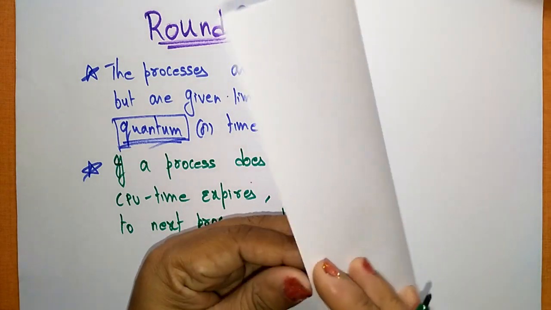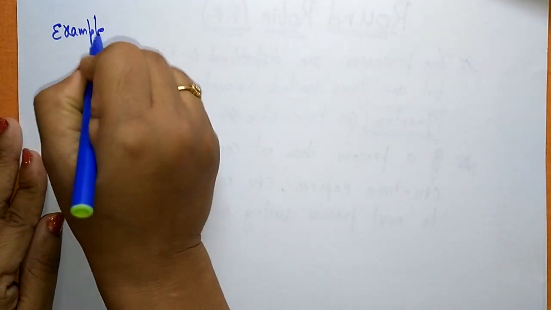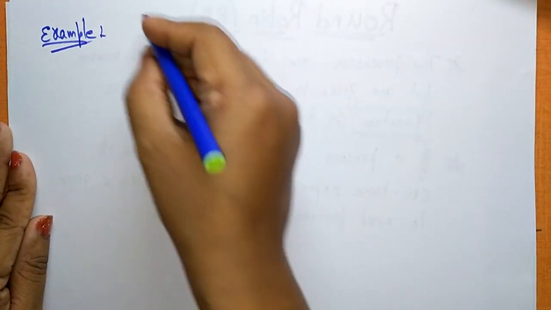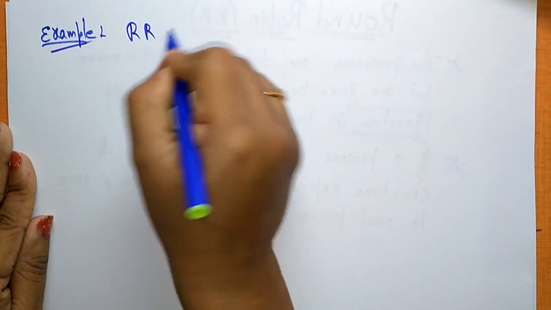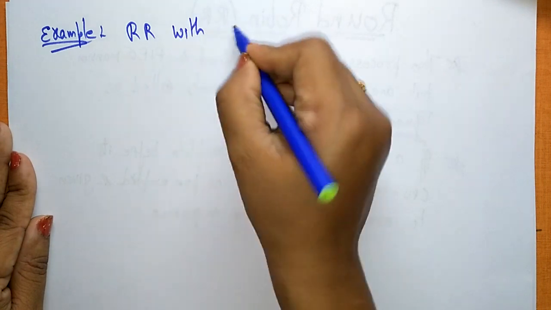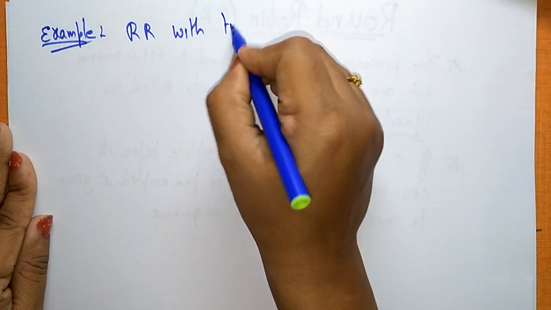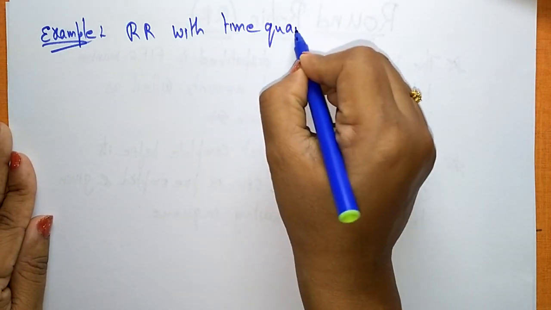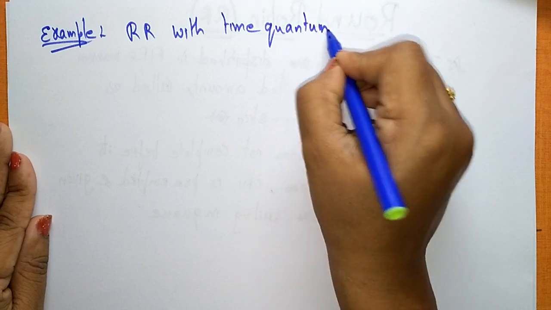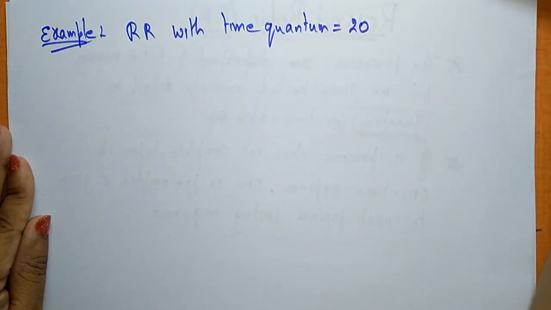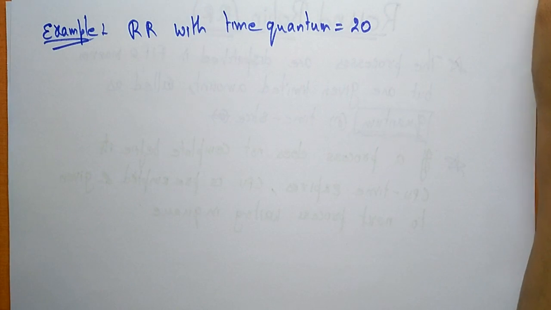Let us see an example, then you will understand this round robin technique. Round robin with a time quantum, a fixed time for each process, of 20. Right at the start you have to assign a time quantum to each process, that is 20.